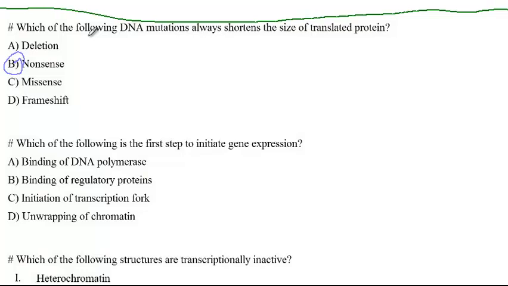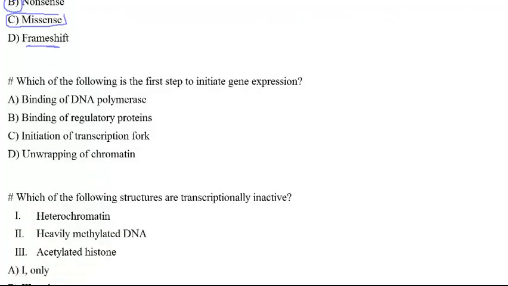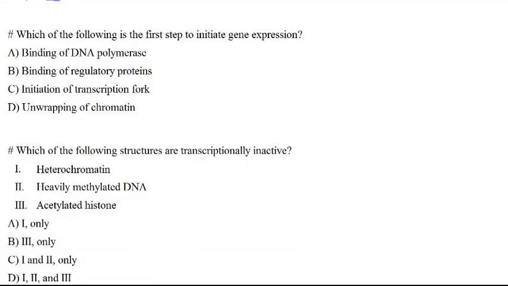I should have said the whole triplet codons will be changed by either deletion or addition because they cause a frameshift. And then we just discussed missense is only changing a single amino acid, and so it doesn't necessarily truncate a protein.